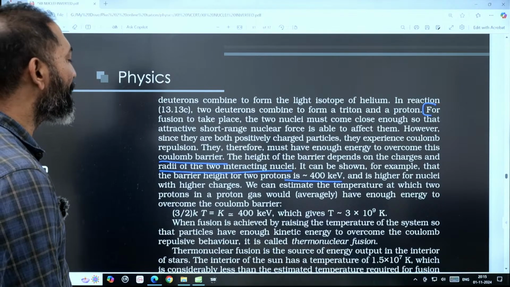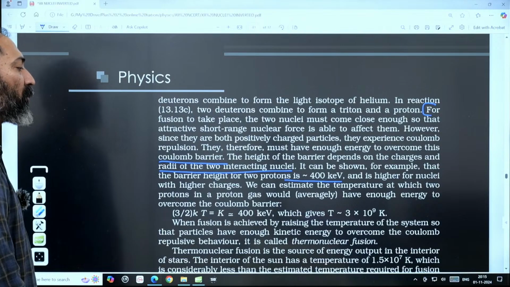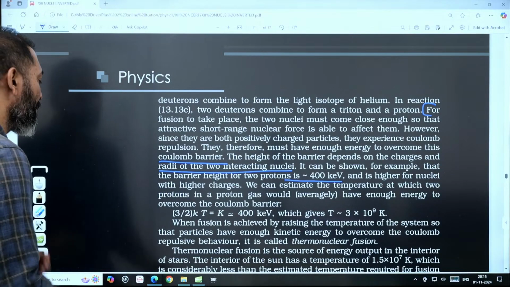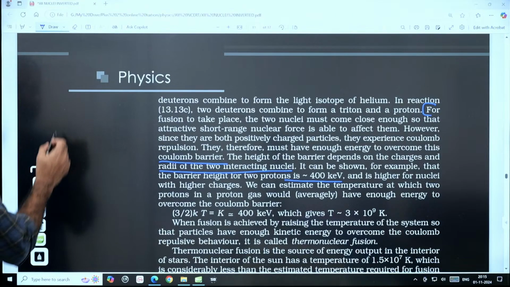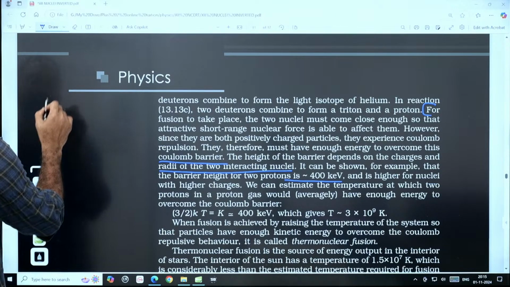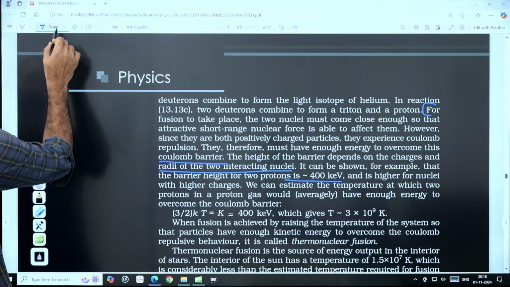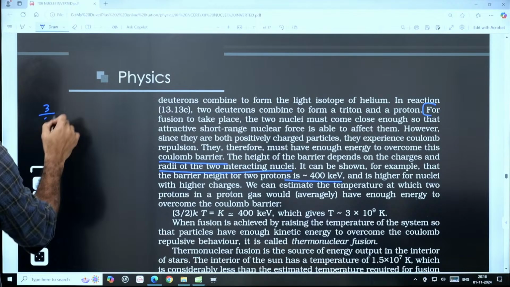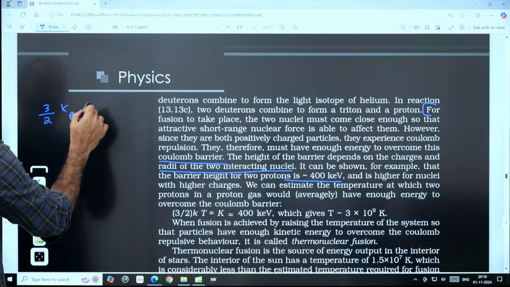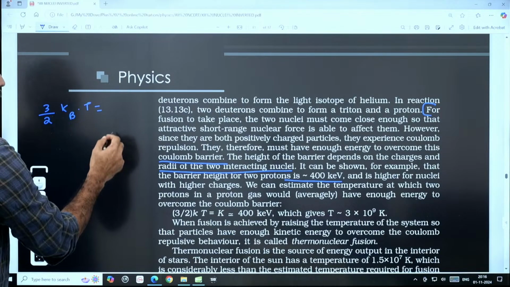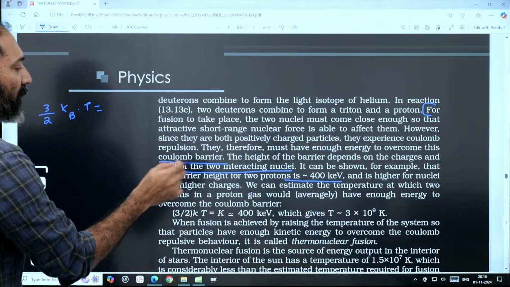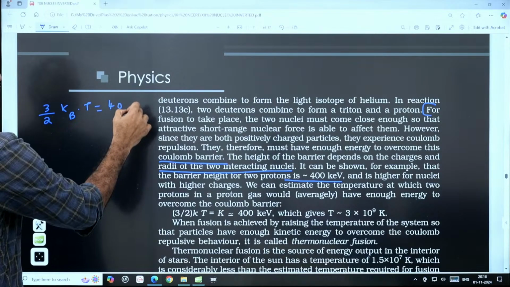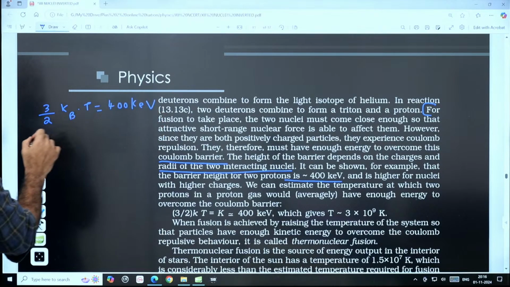We can estimate the temperature at which two protons in a proton gas would on average have enough energy to overcome the Coulombic barrier. We know that 3/2 kBT, the average kinetic energy, should be equal to the barrier height, 400 keV. kB is the Boltzmann constant.